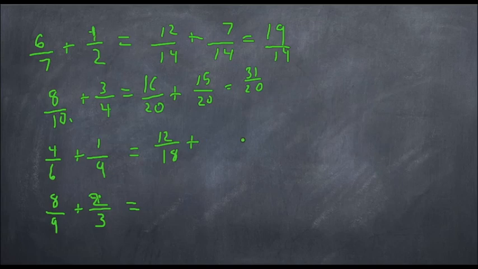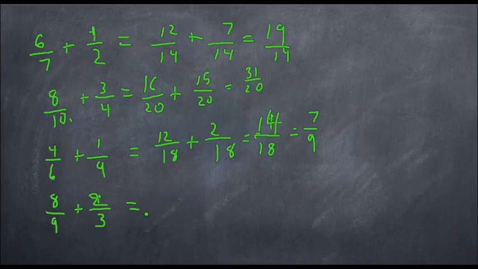What times 9 becomes 18? 2. So it becomes 2 times 1 on 18, which in the end becomes 14 eighteenths. And let's simplify. What goes into 14 and 18 both? 2. So 7/9.